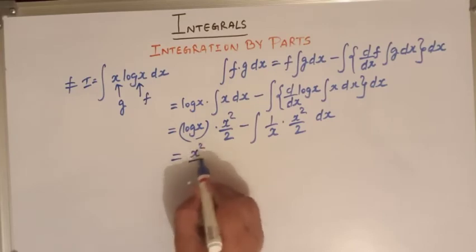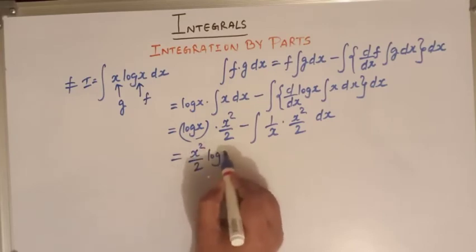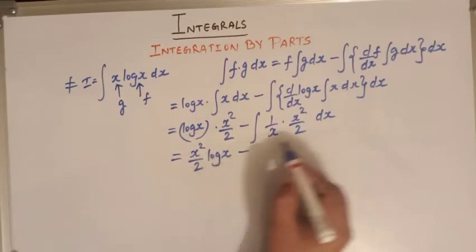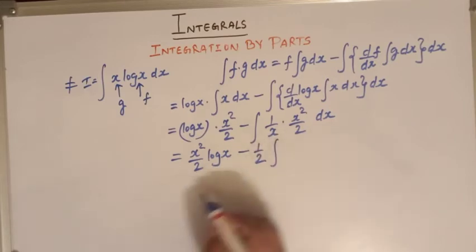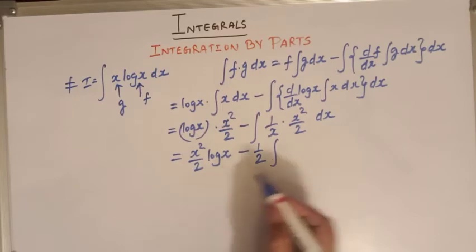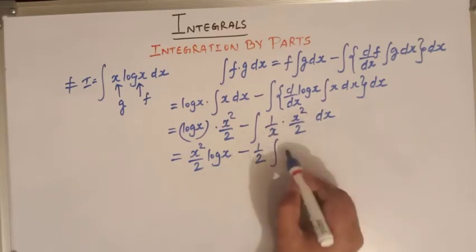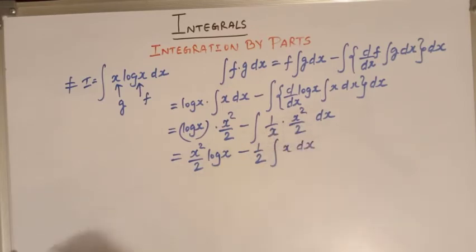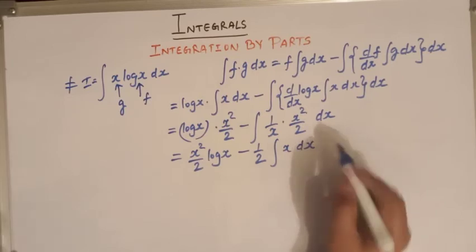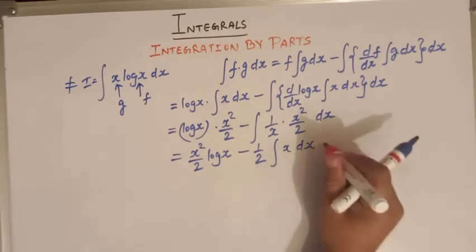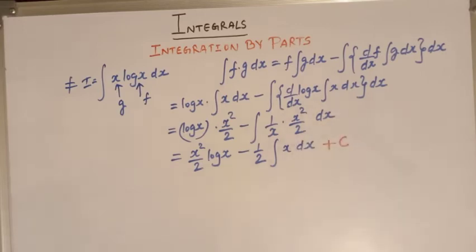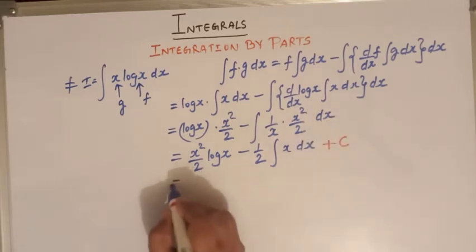So this can be written as x square by 2 log x minus half times the integral of x dx. Clear? And now we can also add the constant of integration as c. Clear?